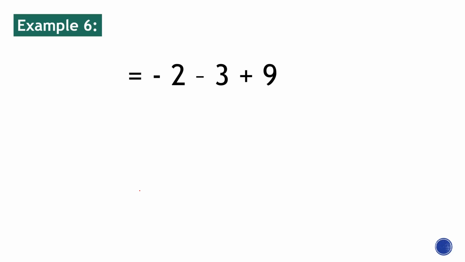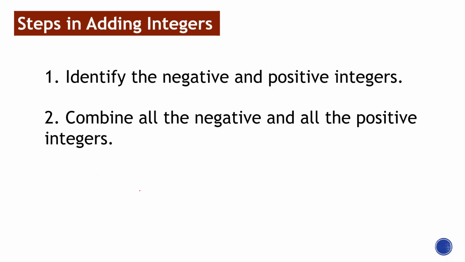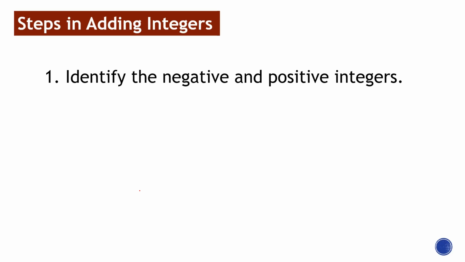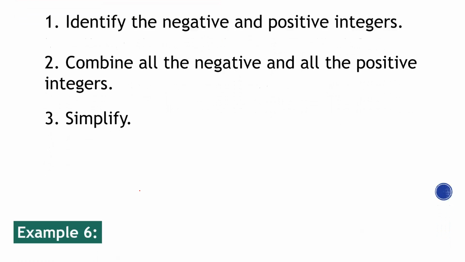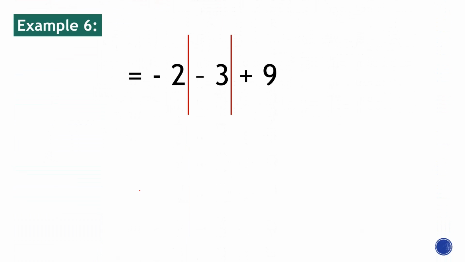So what I mean by that is, if you look at the first rule, let's go back here. We need to identify the negative and positive integers. So here we can consider this 3 as negative. And I know when you read this, it's negative 2 minus 3, right?